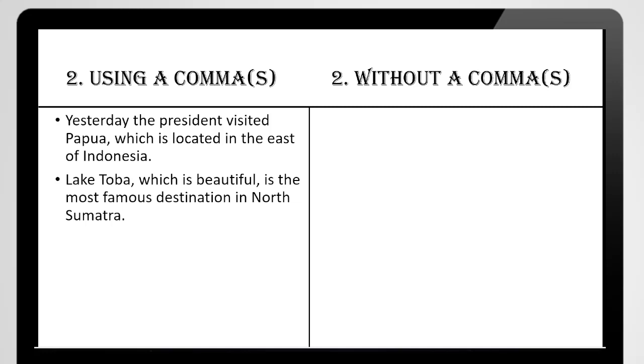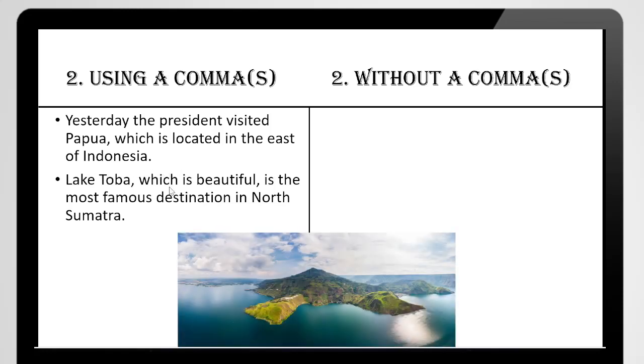The second one, Lake Toba, which is beautiful, is the most famous destination in North Sumatra. So here we have two commas, which is beautiful, describes Lake Toba. Okay, so for information, this is Lake Toba, which is located in North Sumatra, northeast of Indonesia.